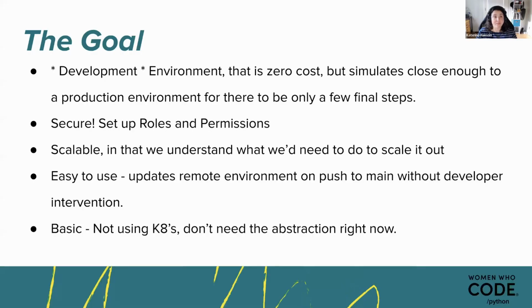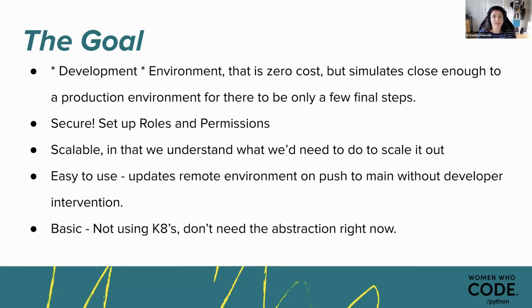But the goal of this past session was really to have a production-like development environment. So this is not something that I would say is what people would be hitting in production, but it should be very similar.